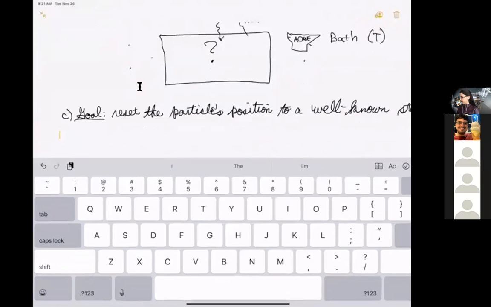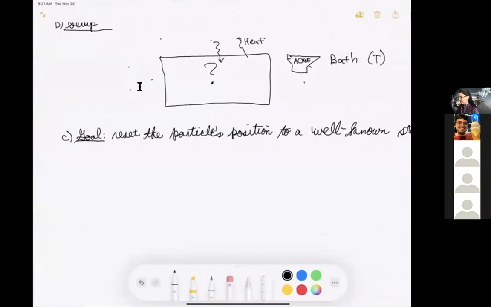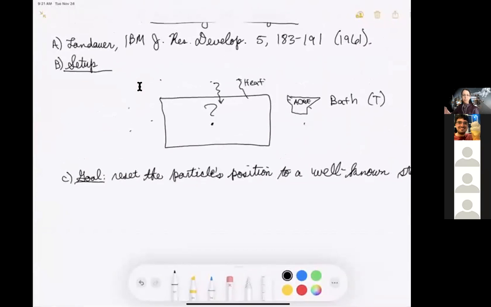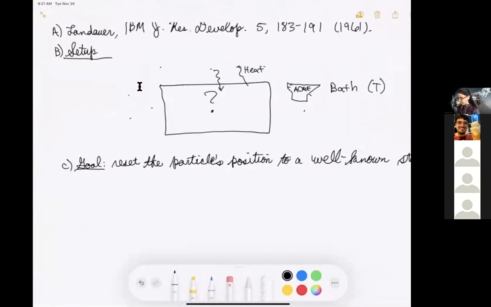This is analogous to taking a messy sheet of scrap paper that has scribbling all over it and erasing it to a clean, well-known fiducial state so that it could be the input to a new computation. So we can use this protocol.